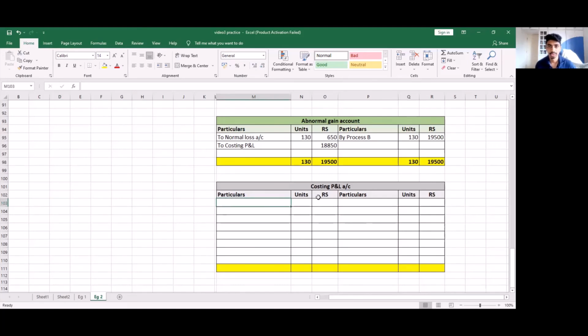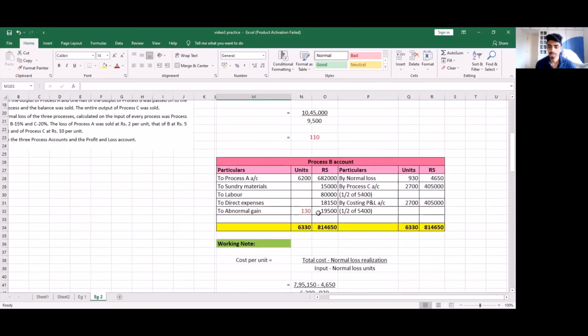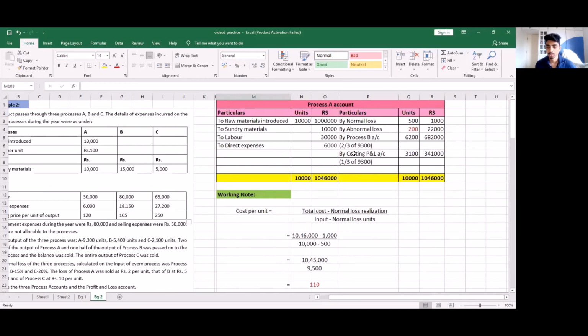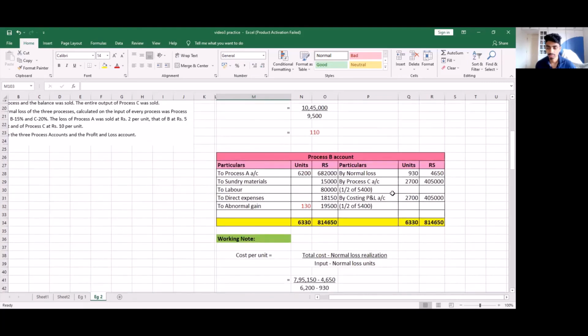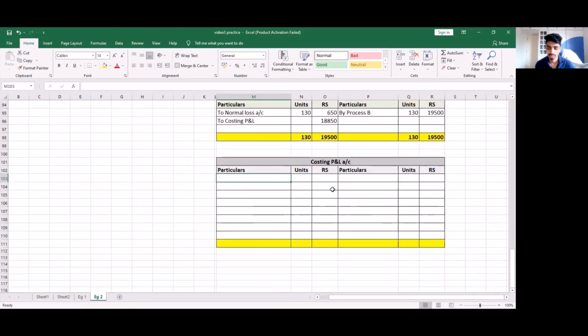So our first step is going to be transferring all the sales that we mentioned in our process account to our costing P&L account. So in process A account, we have by costing P&L account 3,100 units at 3,41,000. This will be accounted for as to process A account.